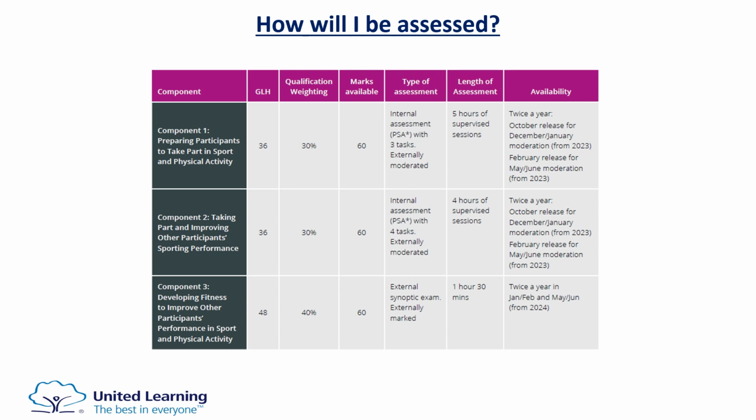We've got 30% for Component 1, 30% for Component 2, and 40% for Component 3. Components 1 and 2 are sat internally, and you'll complete Pearson set assignments. These are released twice a year, and you'll sit those in school. Your Component 3 is sat towards the back end of Year 11 when you sit your normal exams, and that's externally marked.